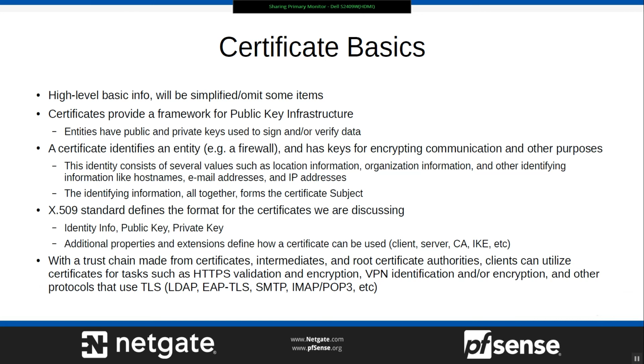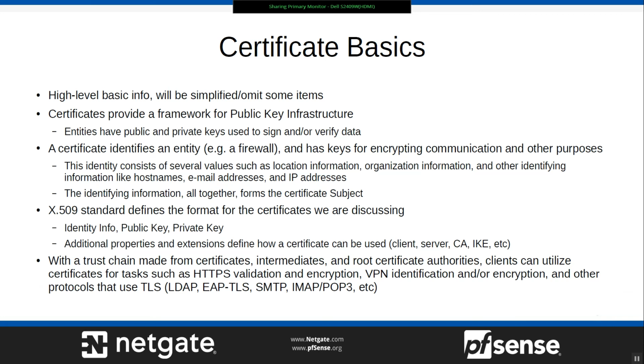When you have a trust chain made from certificates, intermediates, and root certificate authorities, clients can use that to figure out if it's okay to encrypt or trust an HTTPS server. You can use it for VPN identification and encryption, or other protocols that use TLS, which pretty much anything encrypted these days is, over the internet. Not everything, obviously, but lots of common stuff: HTTPS, LDAP, SMTP, IMAP, POP3.